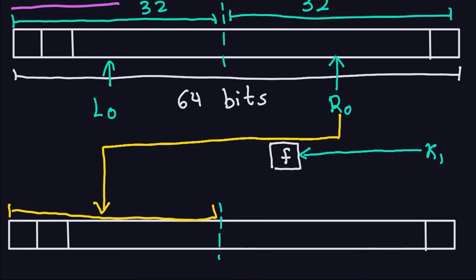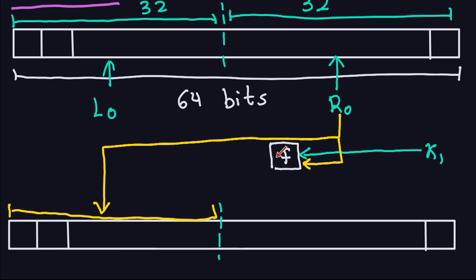So R0 will also go here into this F function. The F function takes as input the subkey K1 and also these 32 bits from the right hand side. So the key and the right hand side.